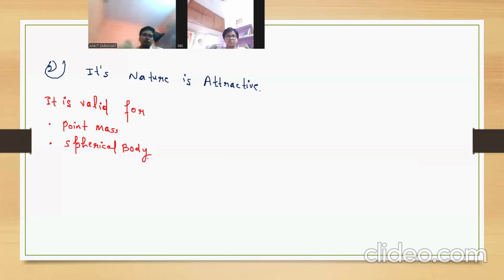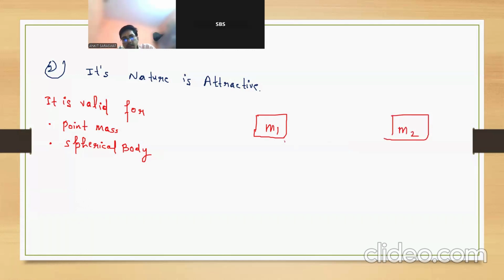Now how will you consider whether a body is a point mass? Just write down. For example, this is m1 and this is m2, and the separation between them is 1 meter.